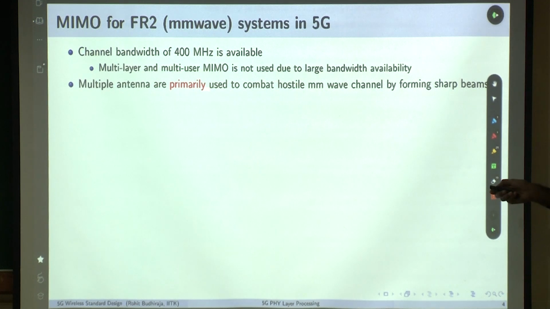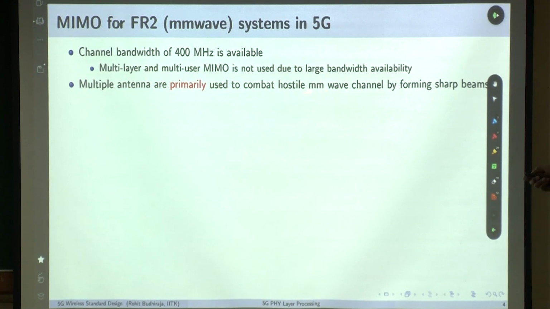You do not really have to go to the digital domain if you do not support this, so you can come up with simpler MIMO architectures. Your multiple antennas will satisfy the objective, which is to combat this channel.